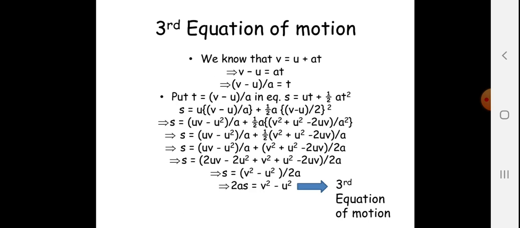So finally you will get the third equation after adding all the operations: s is equal to v square minus u square upon 2a. That means 2as is equal to v square minus u square. This is our third equation of motion. This is a little tough, but practice makes you perfect.